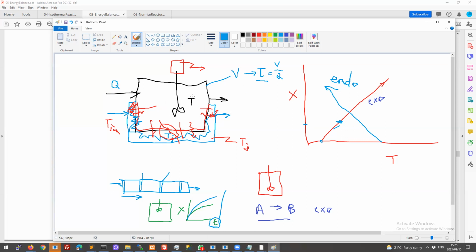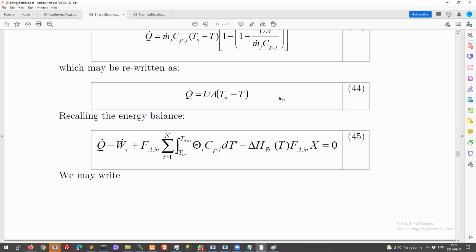The energy balance actually determines what's going to happen in here. It's going to determine what the conversion and temperature is going to be. It also means that other things that affect the temperature are going to affect the reaction rate and the conversion, right? So we'll see all that in the design side of it.